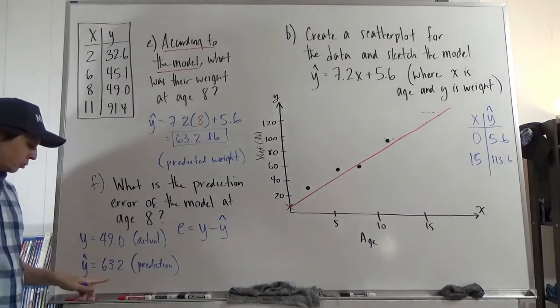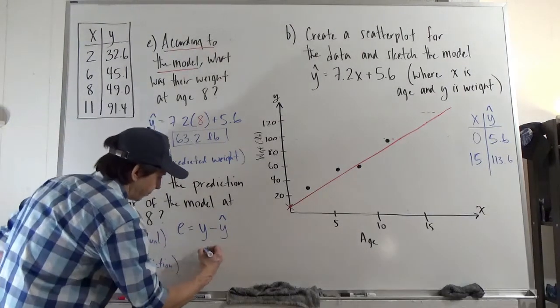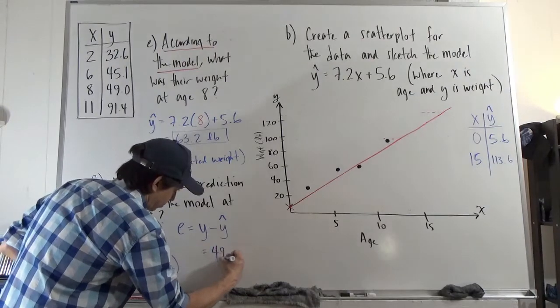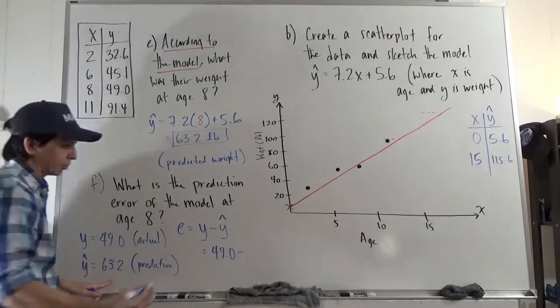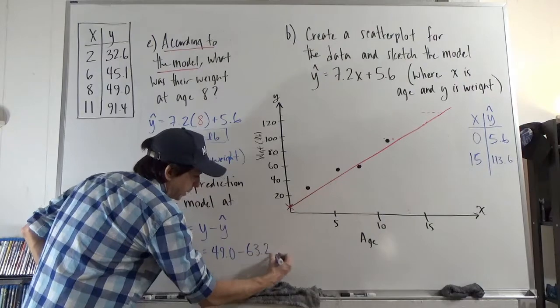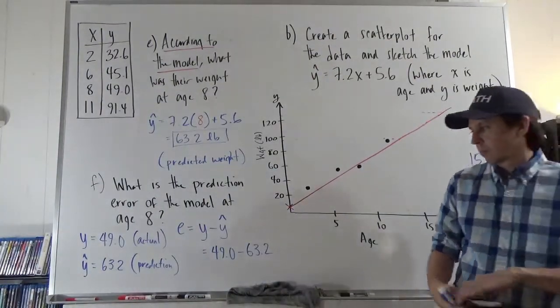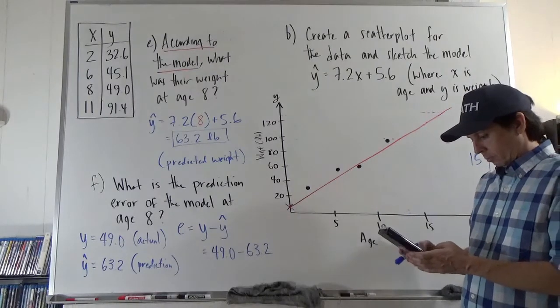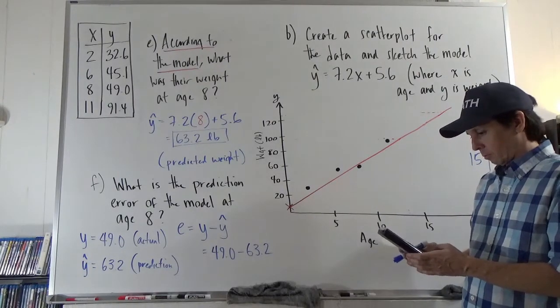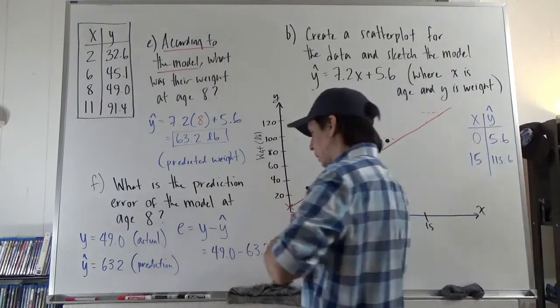It could be negative or positive. All right, Y minus Y hat. And it is definitely going to be a negative error. Negative 14.2 pounds.